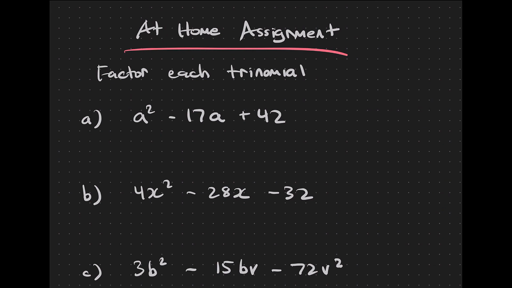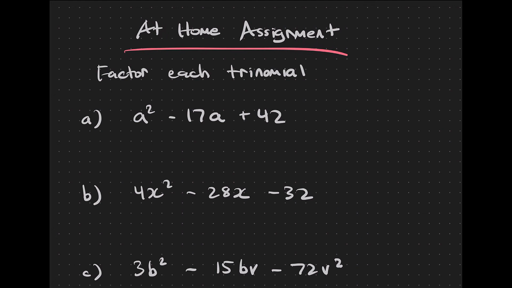All right, everyone, so this is the at-home assignment. We're going to factor each one of these trinomials. A is a squared minus 17a plus 42. B is 4x squared minus 28x minus 32.